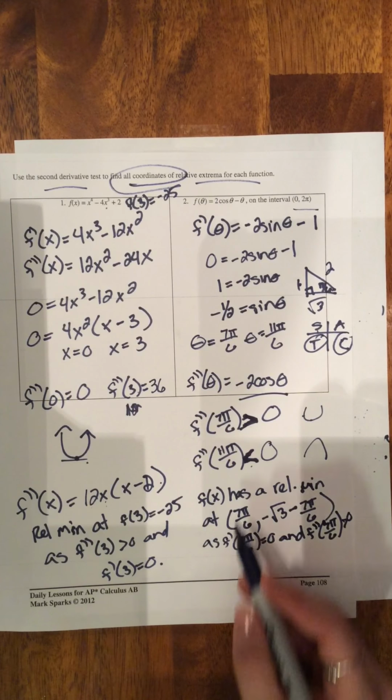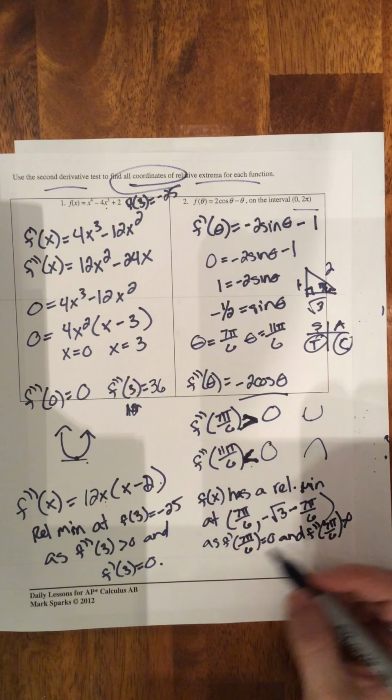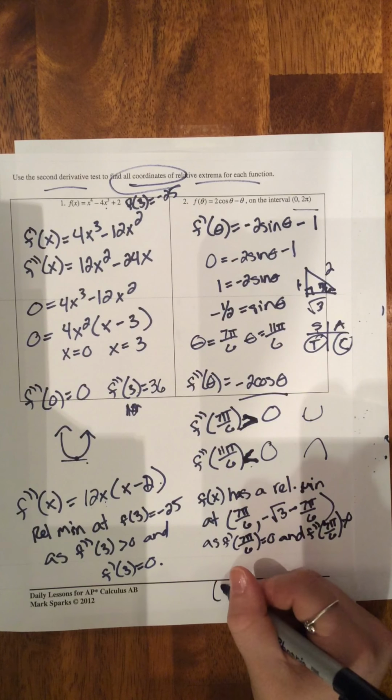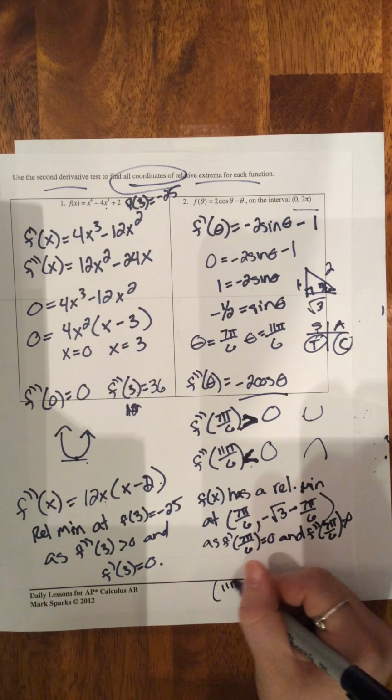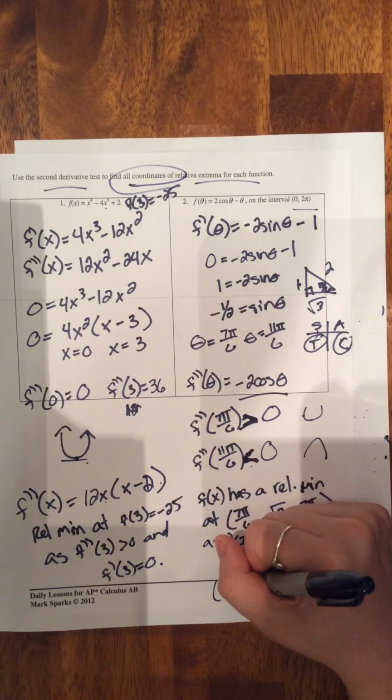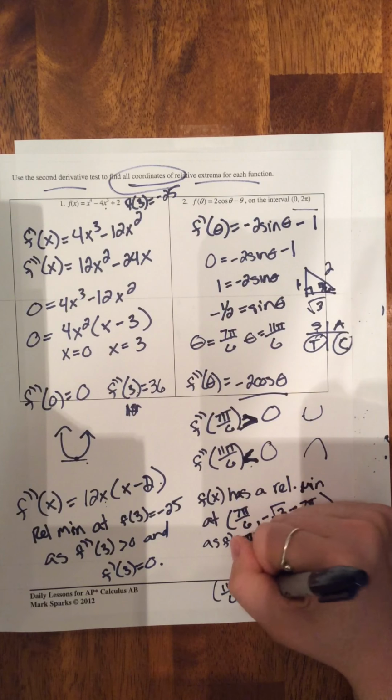I'm running out of room, but it's going to be the same thing for the relative max. I'm going to say as a relative max, the place is going to be 11 pi over 6, and then for the y value you get 2 cosine of 11 pi over 6 minus 11 pi over 6. It's funny, this whole thing comes out to negative 11 pi over 6.